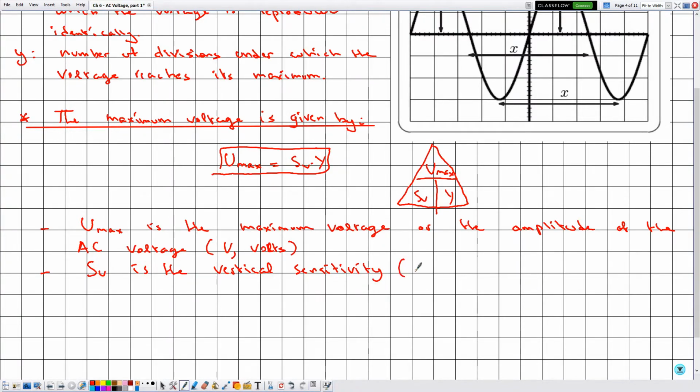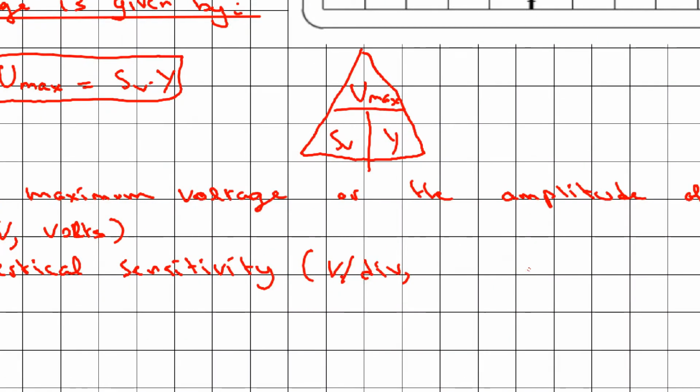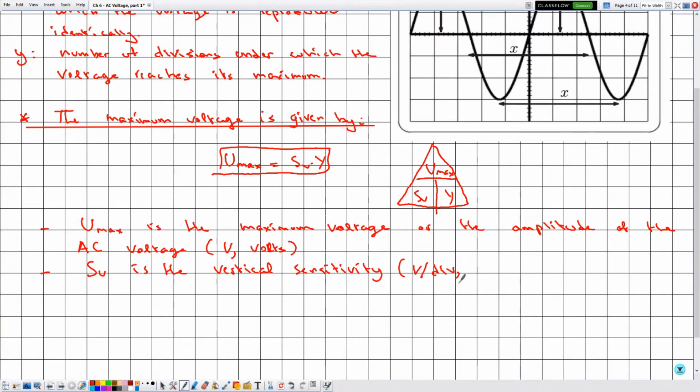And the SI unit of the vertical sensitivity is given by volts per division. The symbol is given by capital V divided by div, which stands for volts per division.